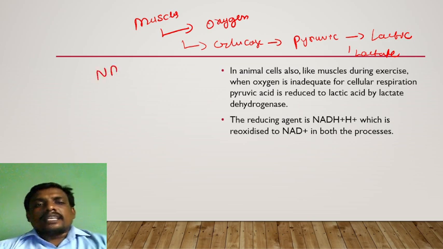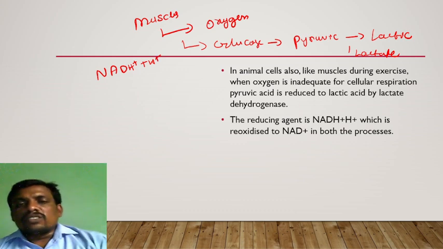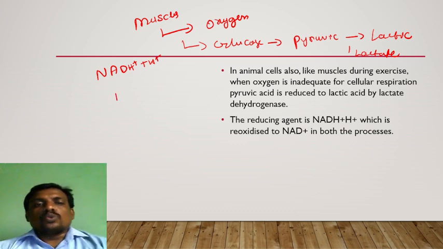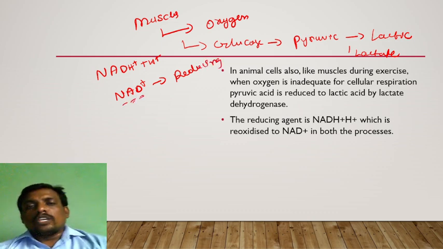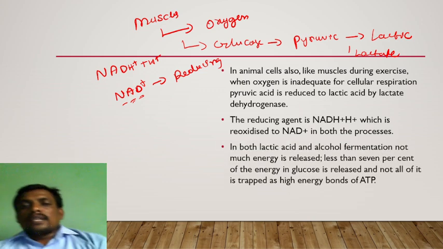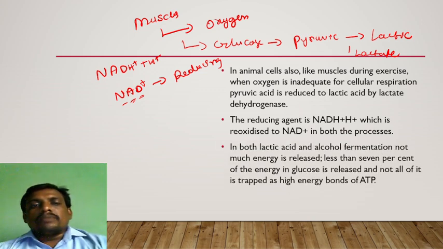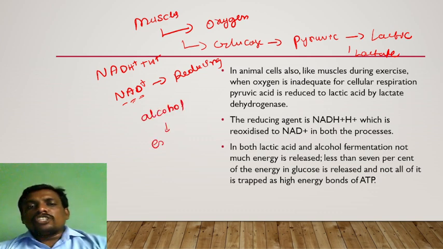The reducing power agent NADH is reoxidized to NAD+, which acts as a reducing power agent in both processes. NAD is nicotinamide adenine dinucleotide. In both lactic acid and alcohol fermentation, not much energy is released, less than 7% of the energy in the glucose.